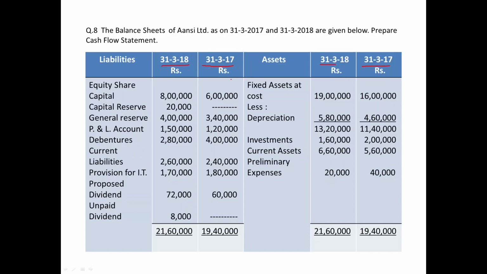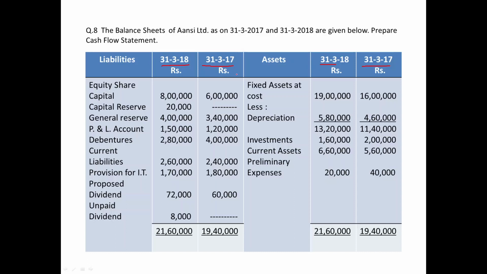So you have to be very careful about this reverse sequence of the date. 18 has been given first and then 2017. Normally, we are habituated for the right sequence, 17 first and then 18. But over here, it is a reverse sequence, 18 first and then 17. So you have to be careful about this reverse sequence.